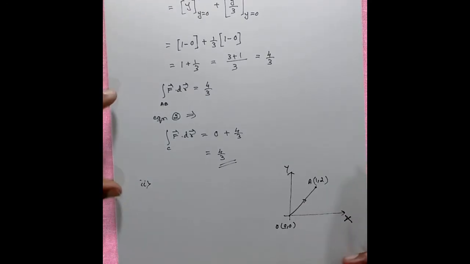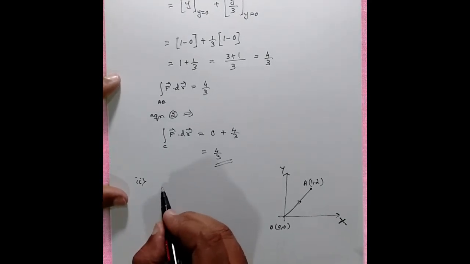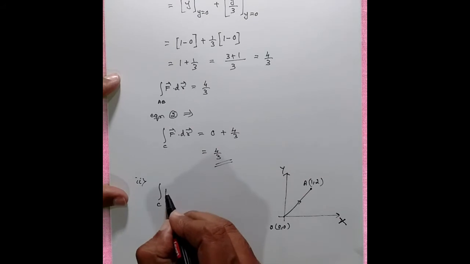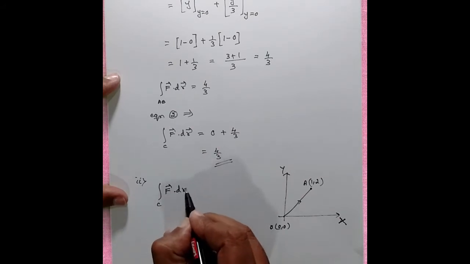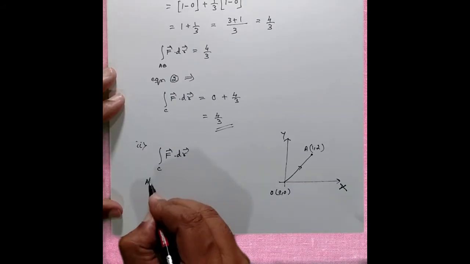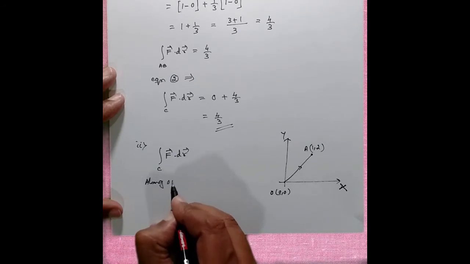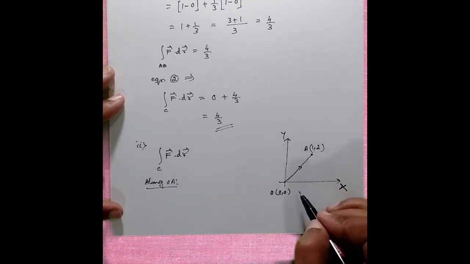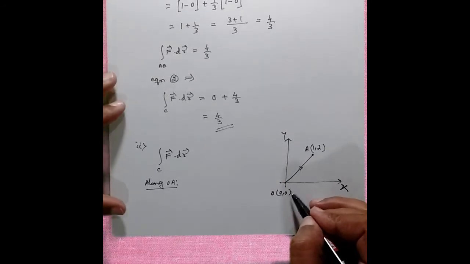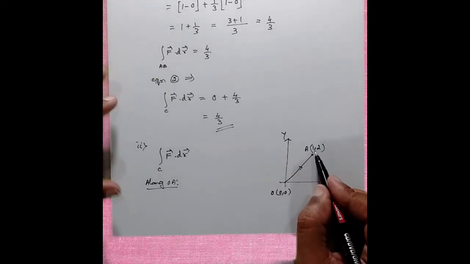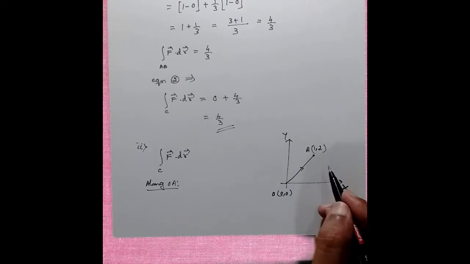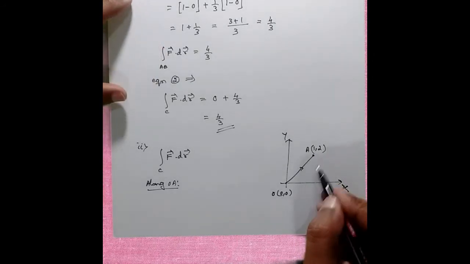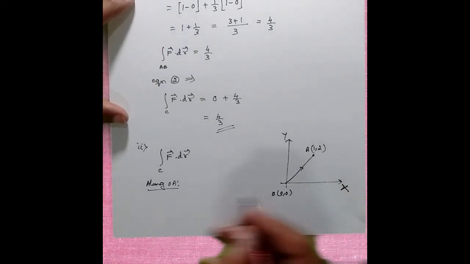OA. So therefore we have the integral over C of vector f dot dr vector along OA. Along OA you can see that this is a straight line joining 2 points, and we know the equation of a straight line joining 2 points.